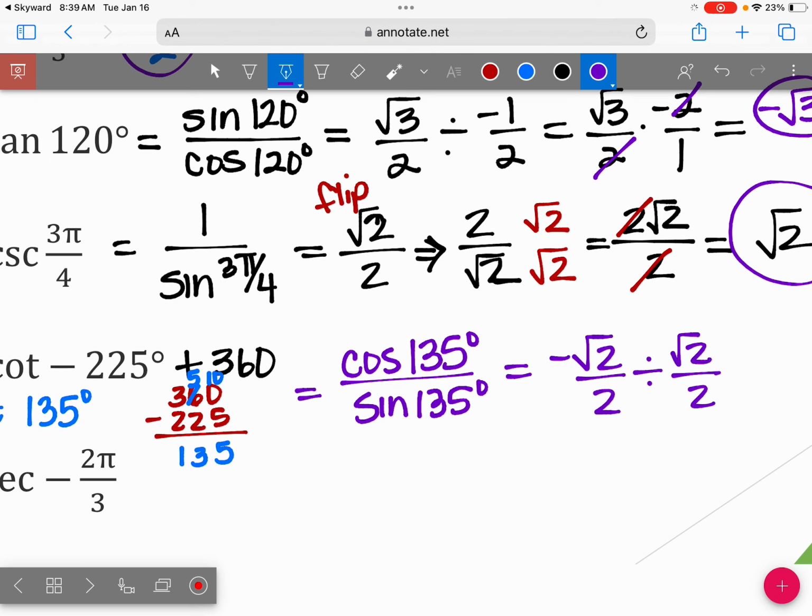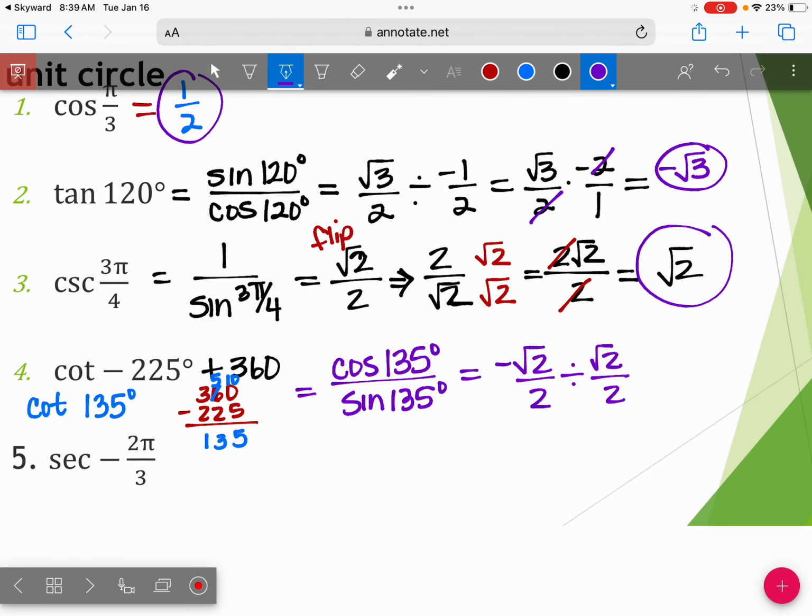Now, if you would like to do keep, change, flip at this point, you can do that. However, I'm going to use a little bit of my math fact knowledge here. What do you think I'm going to get here without even doing keep, change, flip? I'm dividing the same numbers, so 1, except it's not going to be positive. It's going to be negative. You can totally go through the whole keep, change, flip scenario, but I'm using some of my math facts.